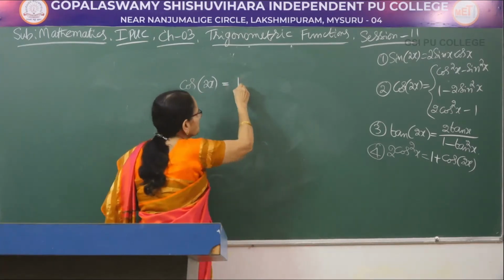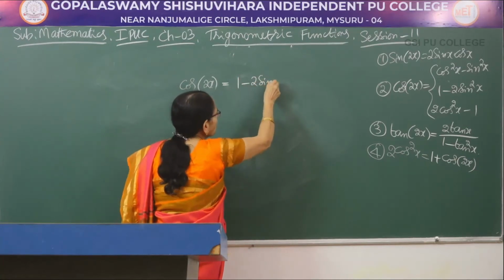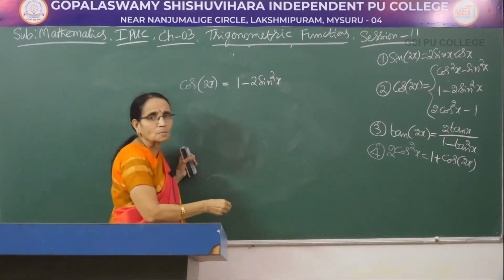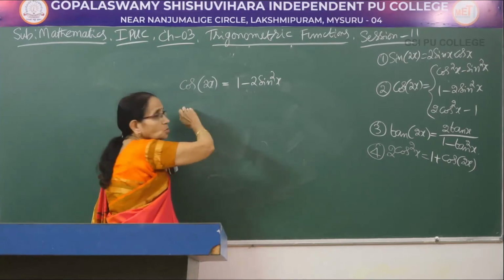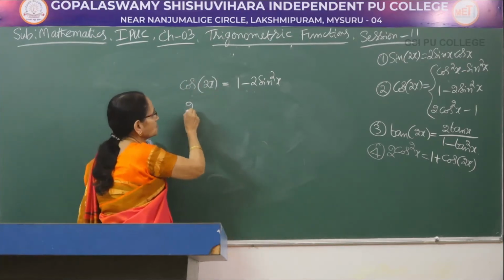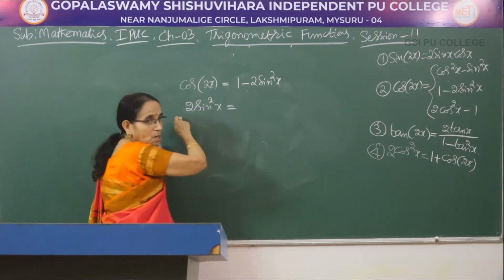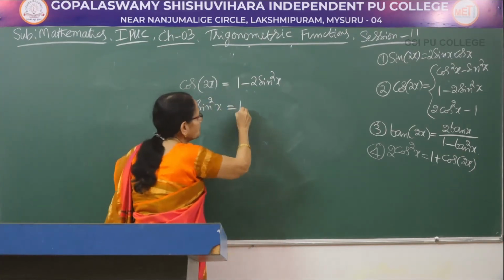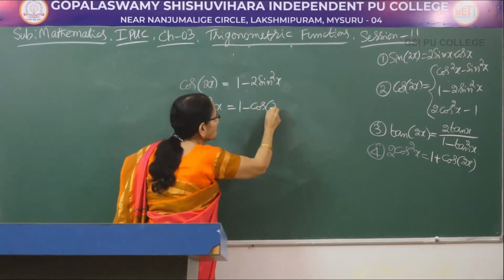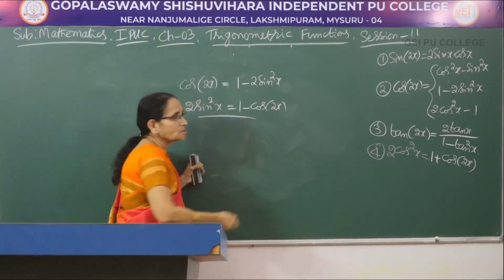Similarly, take the second result, cos 2x, it is equal to 1 minus 2 sin square x. Now, let me take this minus term to the left hand side, and this to the right hand side. Then what will you be getting? 2 sin square x, that minus will become plus here. This goes to the other side, which means it becomes negative. It is 1 minus cos of 2x.